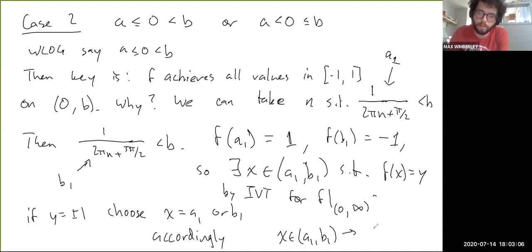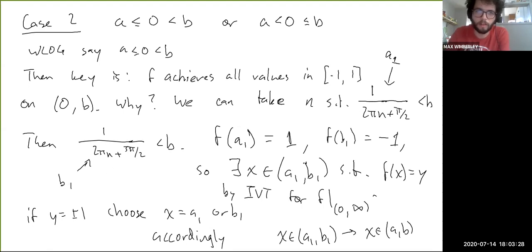that implies that x is in (A, B), because B1 is less than or equal to B, and A1 is greater than or equal to 0, which is greater than or equal to A. Or well, actually, B1 is strictly less than B, and A1 is strictly greater than 0.